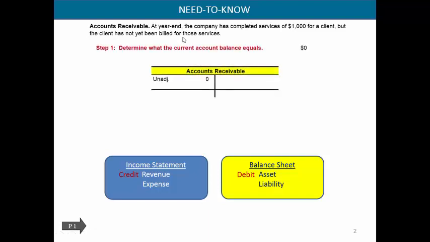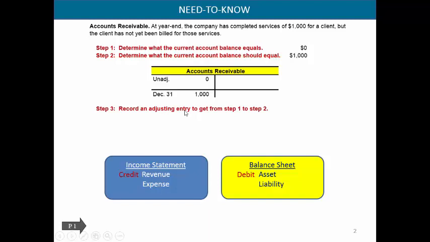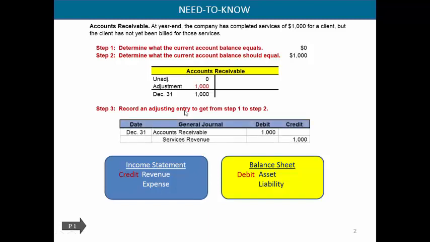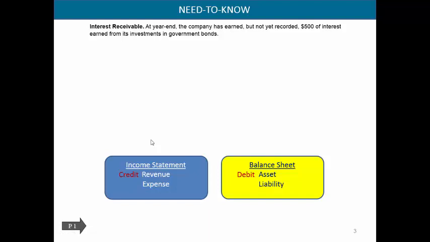So in this case, we'll need to show that we have an account receivable now for $1,000. Then we also need to show that we have already earned this money. So we'll show that by making an adjusting entry to show we increase our accounts receivable and we increase our service revenue.